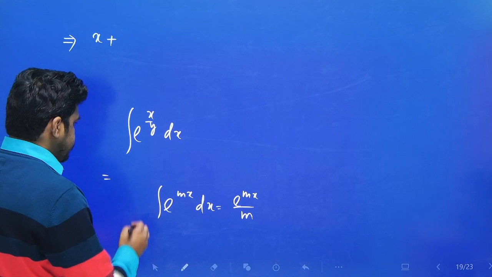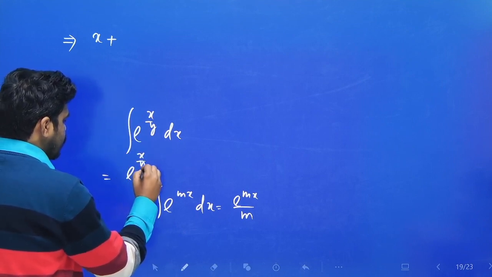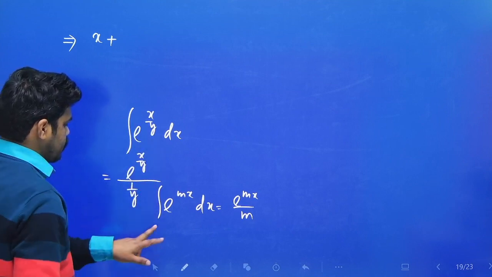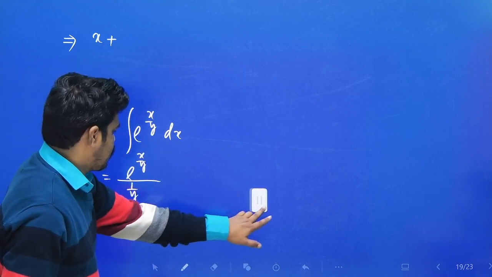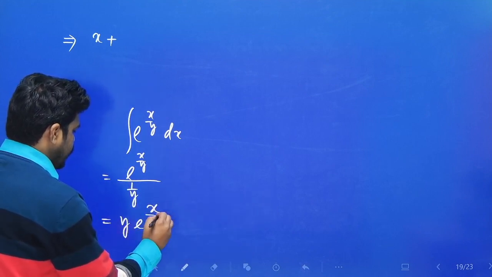So e to the power x by y divided by constant term 1 by y, that means y e to the power x by y.